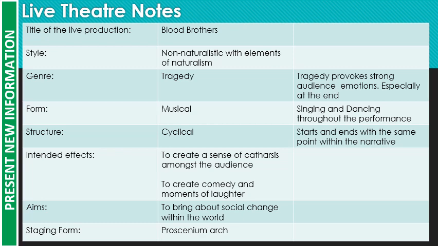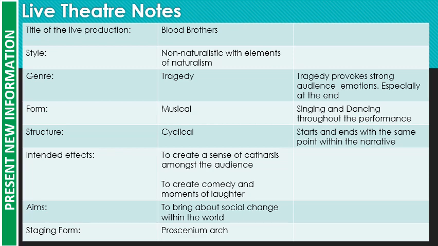The second is to create comedy and moments of laughter. Although this play is a tragedy, there are some quite funny moments in it. For example, when Mickey is telling Edward about the F word and they're laughing about it on stage. Those moments of intermittent comedy are important to have within this play.